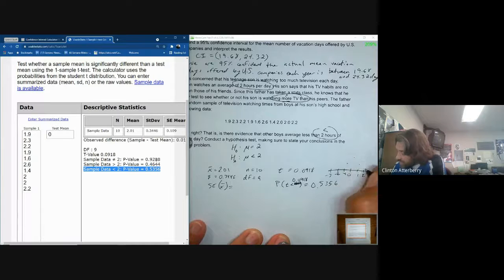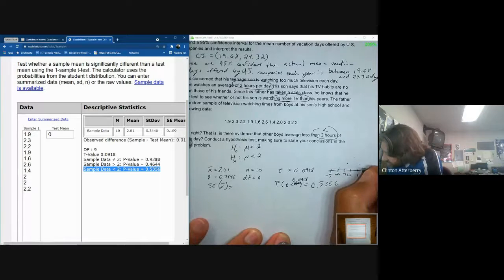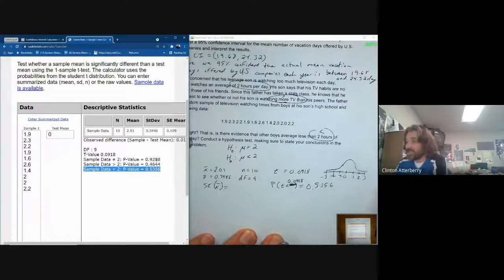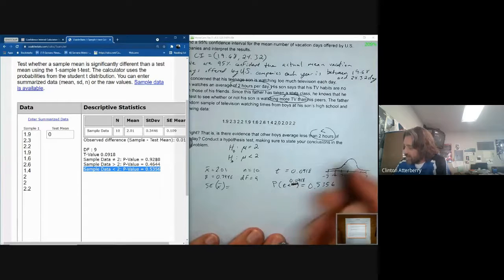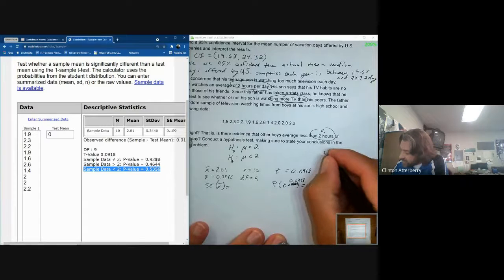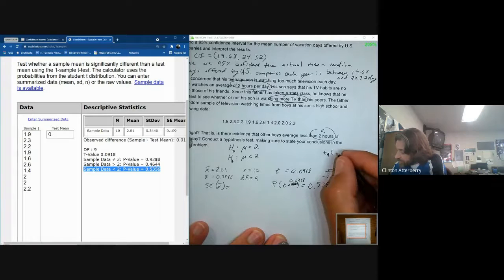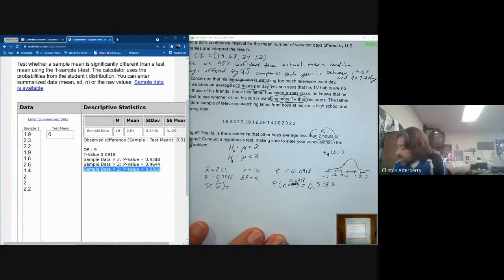What that looks like is, this is like your Student's t with degrees of freedom of 9. At 0.0918, that would be right here, basically on 0, and it's less than, so it would be shaded like that.